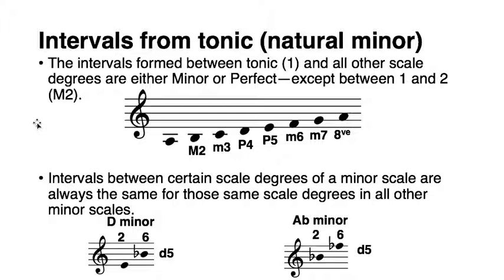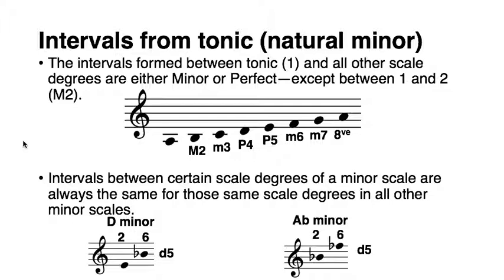As before, when we discussed intervals between scale degrees in major scales or major keys, the intervals between certain scale degrees of a minor scale are always going to be the same for those same scale degrees in all other minor scales, right?